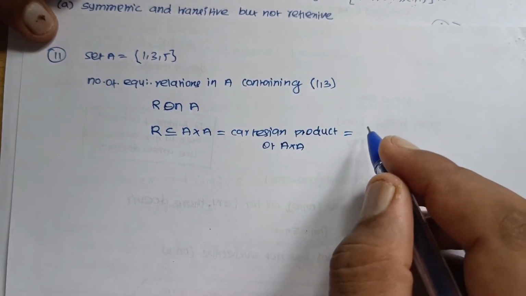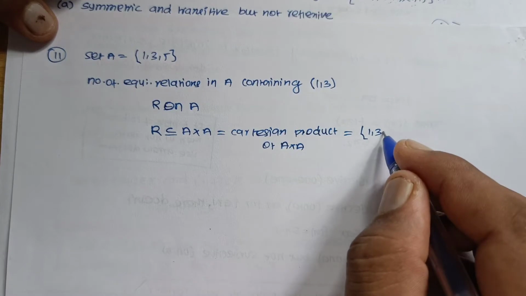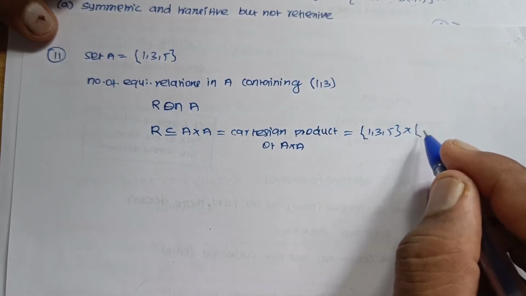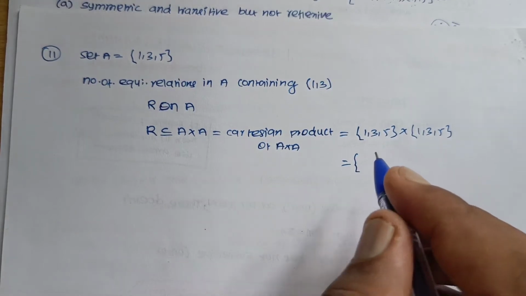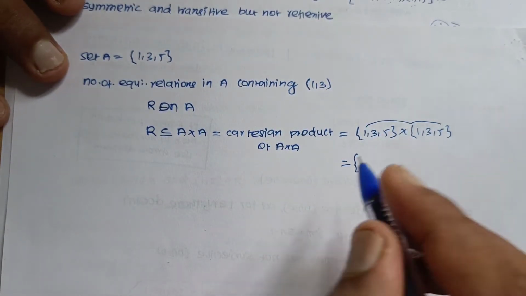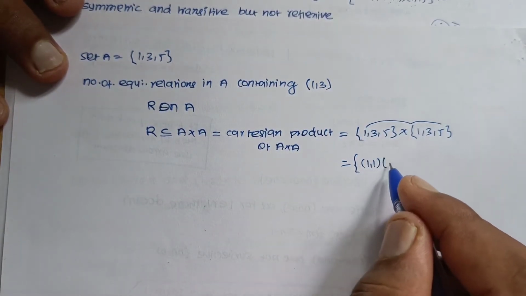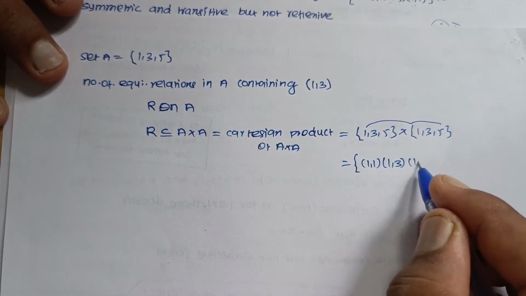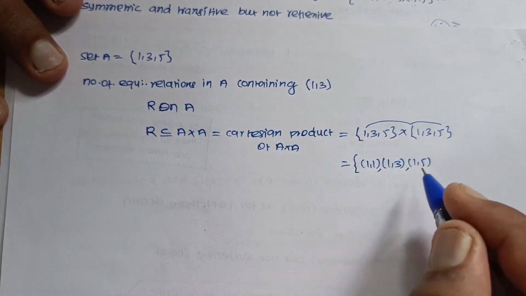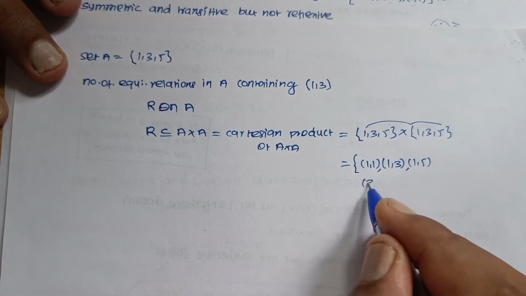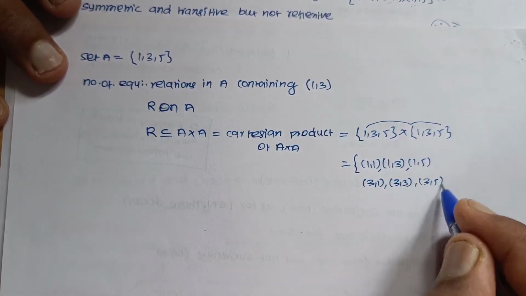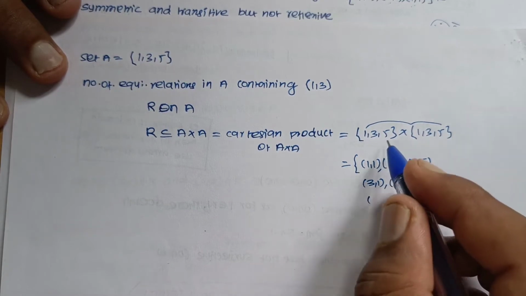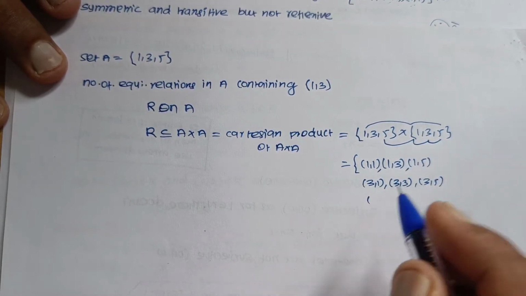A has 1, 3, 5 and 1, 3, 5. So the ordered pairs are (1, 1), (1, 3), (1, 5), similarly (3, 1), (3, 3), (3, 5), and (5, 1), (5, 3), (5, 5).